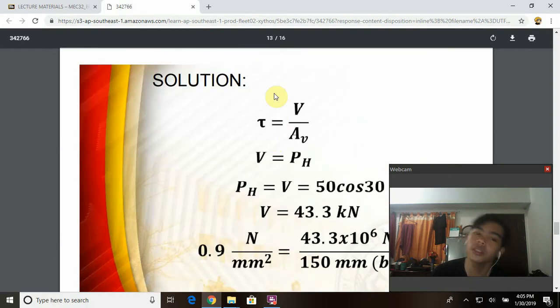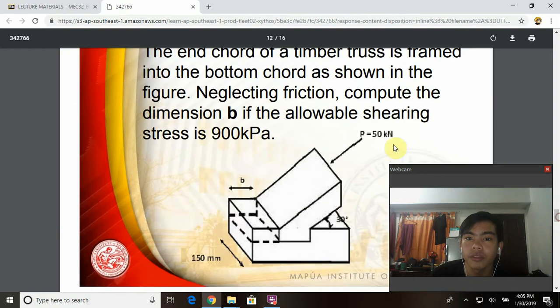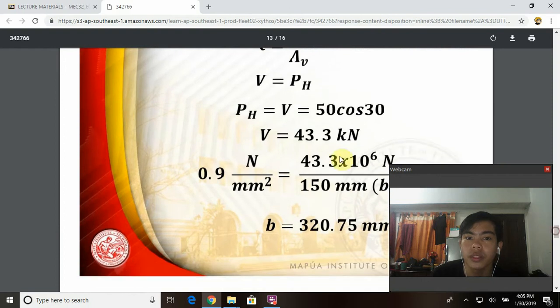Shearing stress equals shearing force over area. Here, V, or the shearing force, equals 50 kilonewtons times cosine 30 degrees, which is 43.3 kilonewtons.